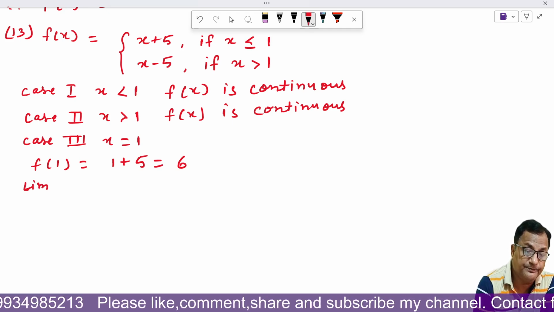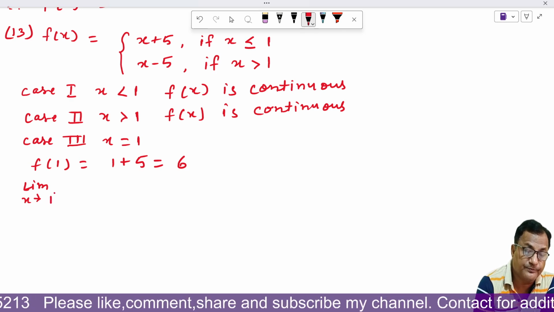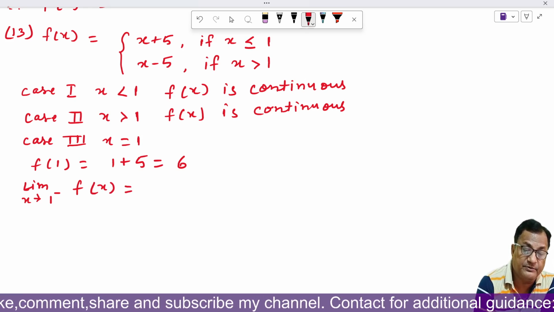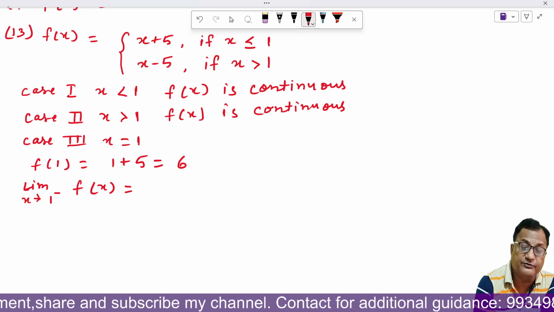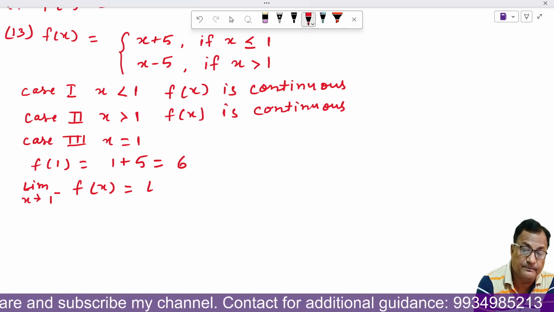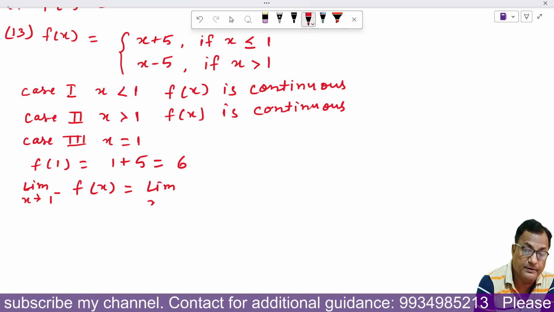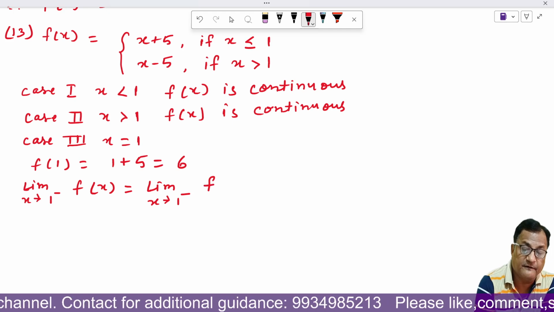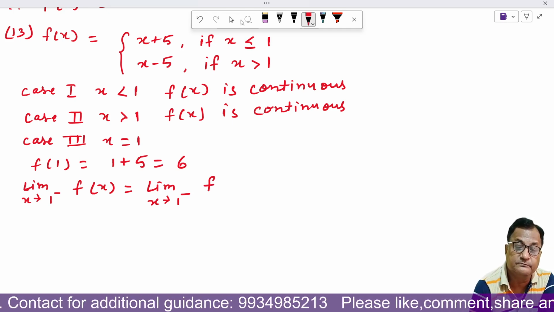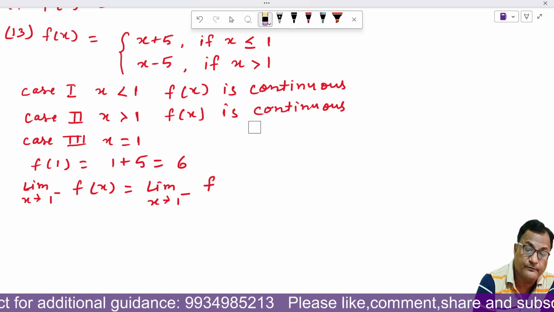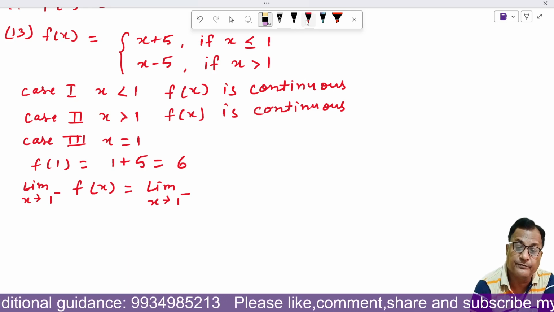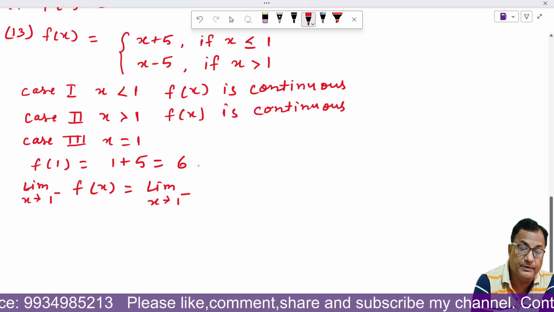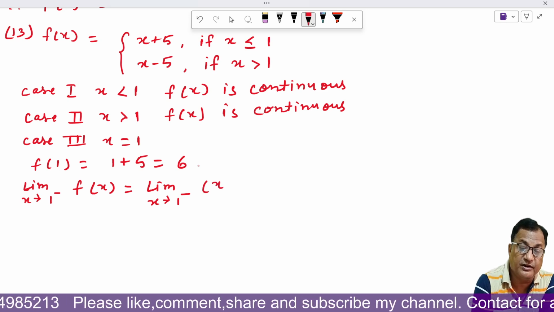Left hand limit: less than 1, so we will use this function, limit x tends to 1 minus of f(x), x plus 5.